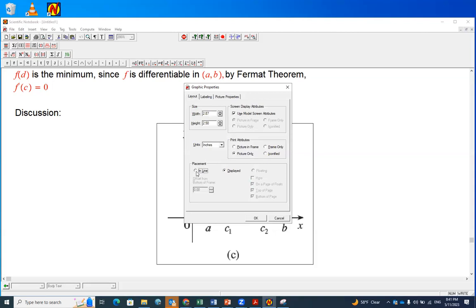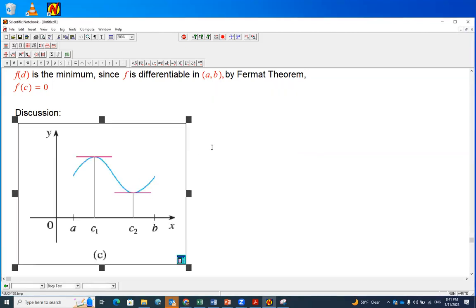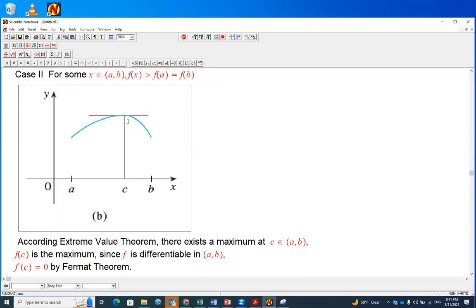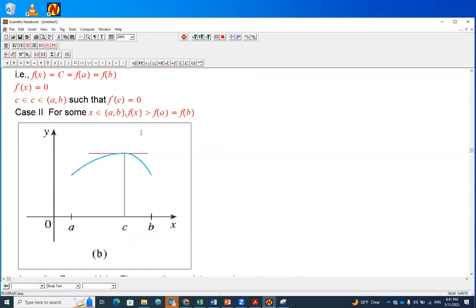Sometimes there's only a local max or local min. Well, the extreme value theorem guarantees that for a continuous function on a closed interval, we will have a max and a min. And sometimes we have the max and or min, then where is the minimum?